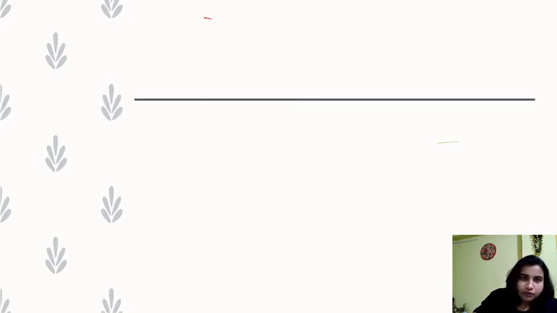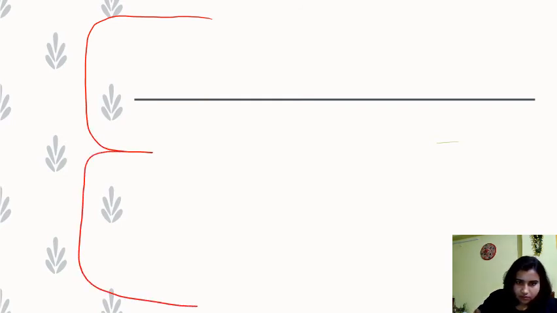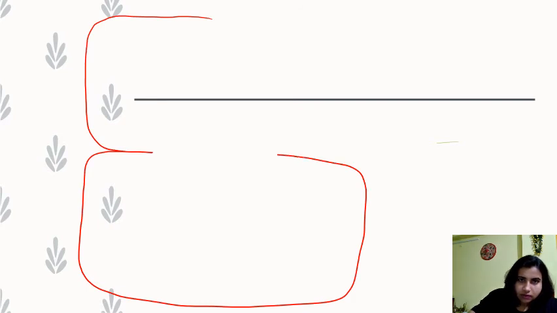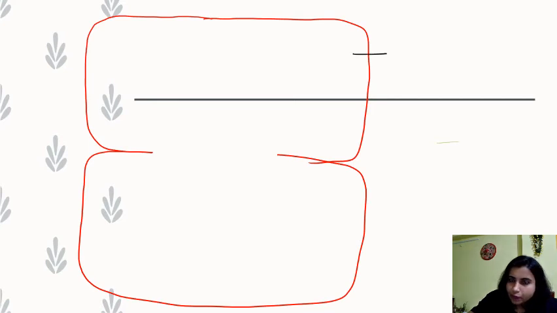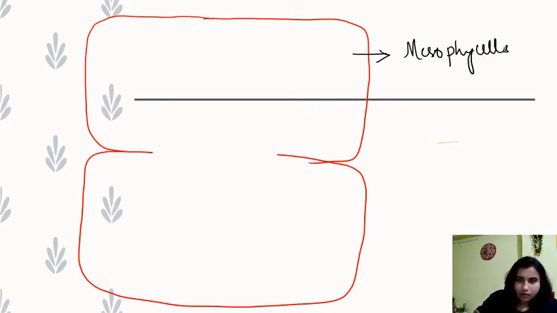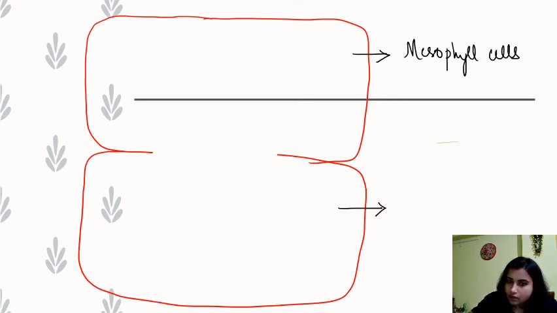If we see this, this part we call mesophyll cells, and this part we call bundle sheath cells.